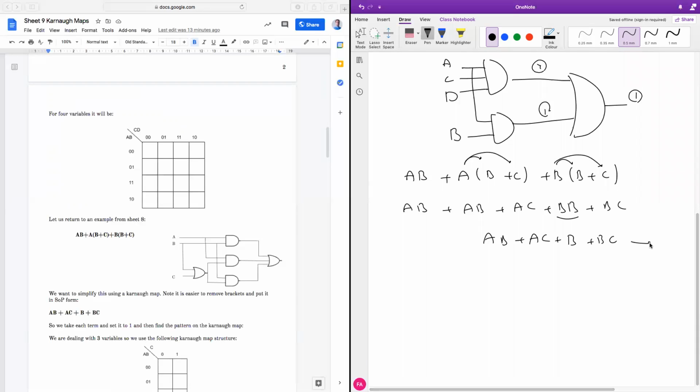This is something that we are looking for in K-map. Why? Because now I know that I've got 3 inputs. For 3 inputs, I can create this K-map: A, B, and C. I've got 3 inputs.